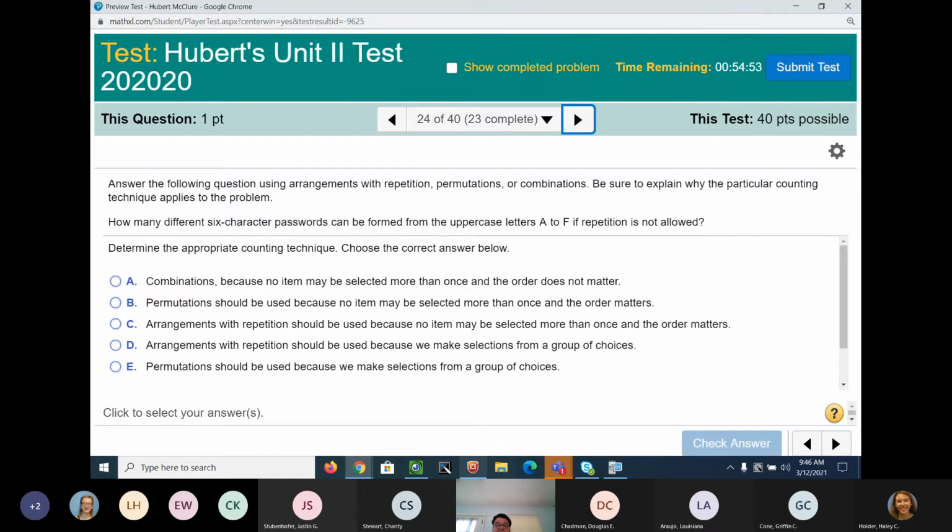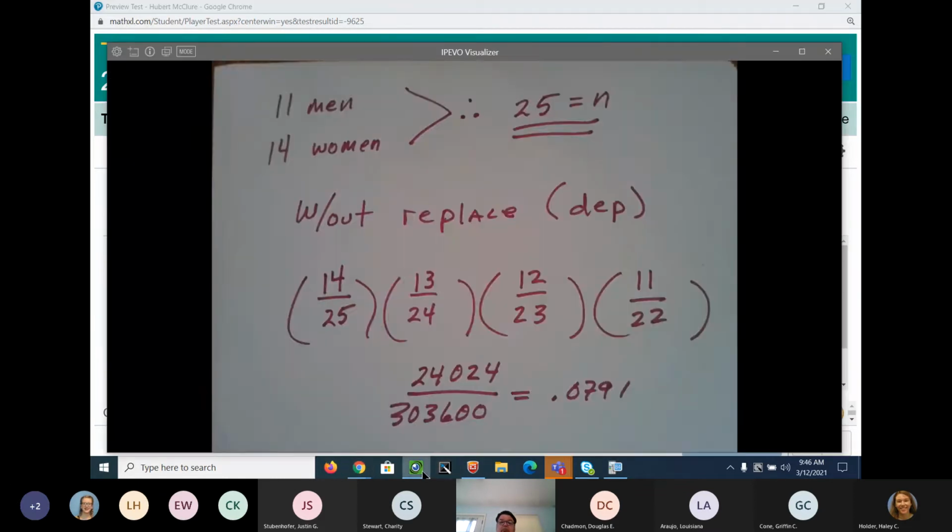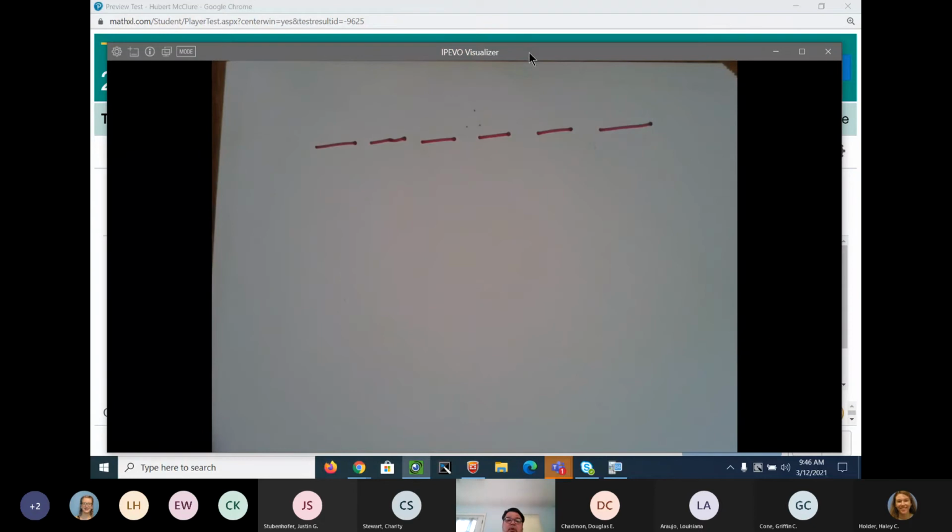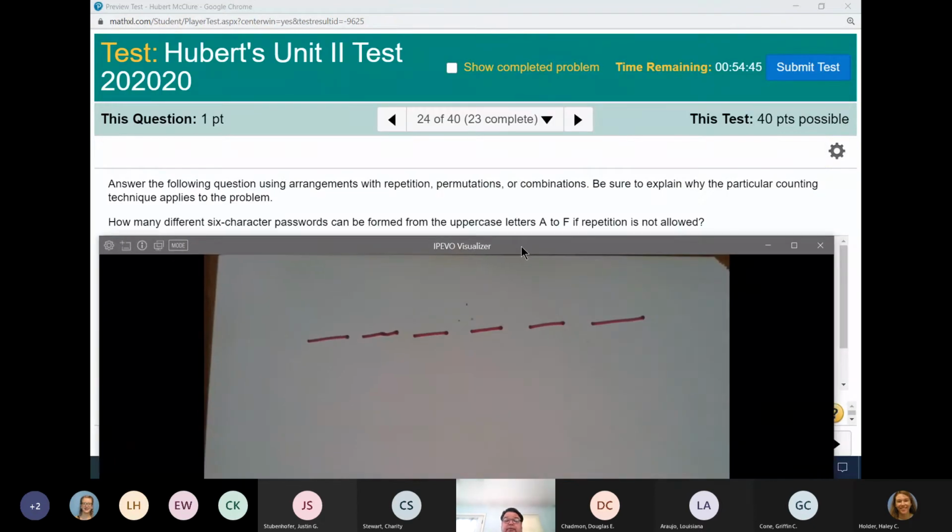Well, it says that we can use letters from A to what? It says we can use letters from A to F, Hubert. That's right, class. A, B, C, D, E, F. Now, once we use A, we can't use A again.